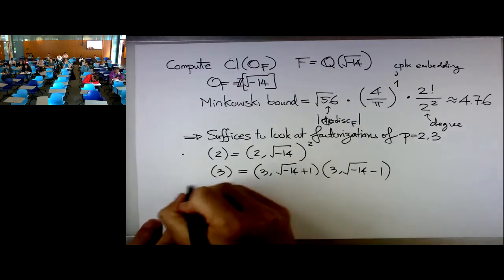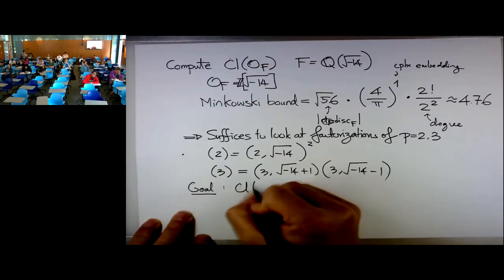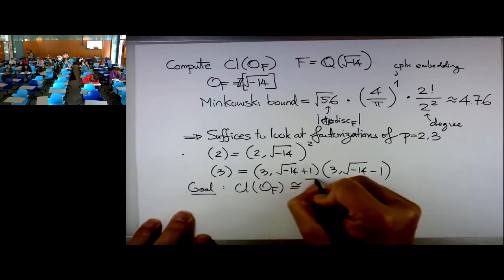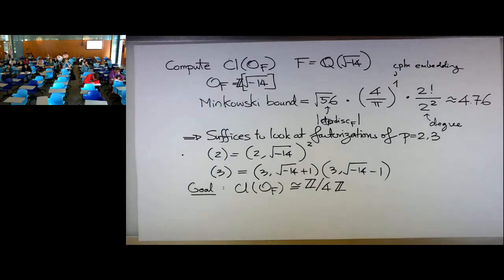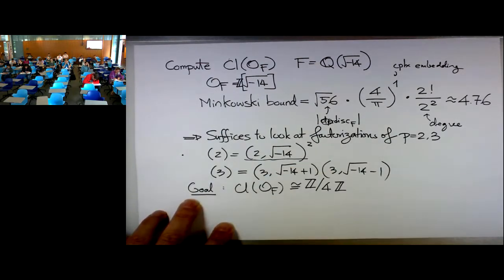So the goal is to prove that the ideal class group of O_F is a cyclic group of order 4. Basically, the 4 elements will be represented by the principal ideals, the ideal class of 1, the ideal class of (2, root of -14), and these 2 ideals here.